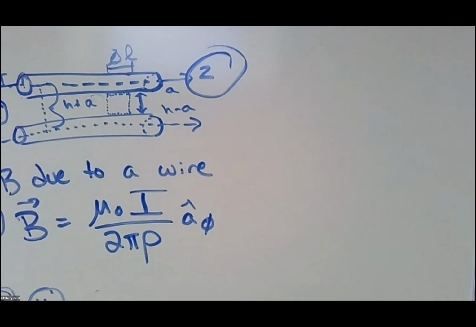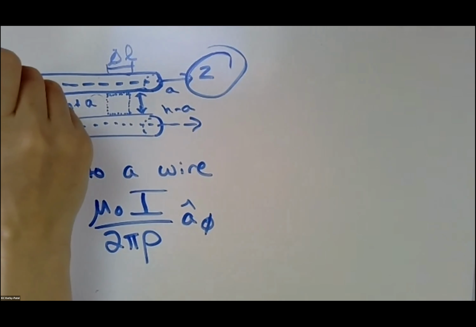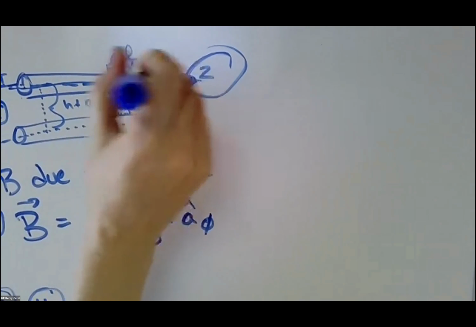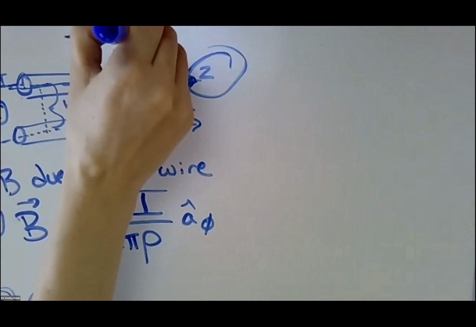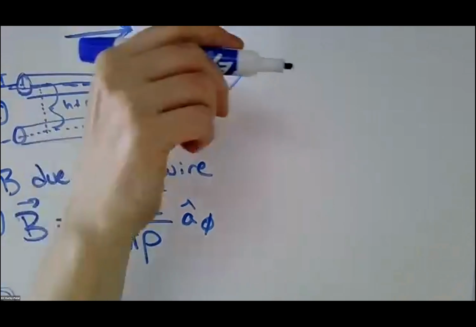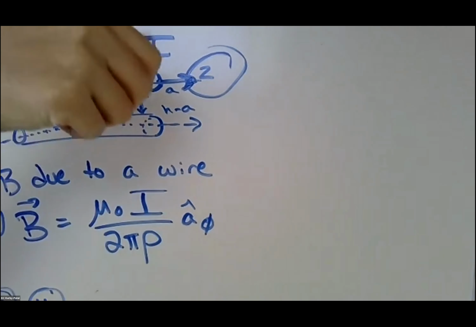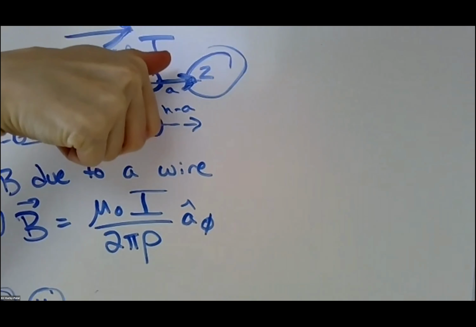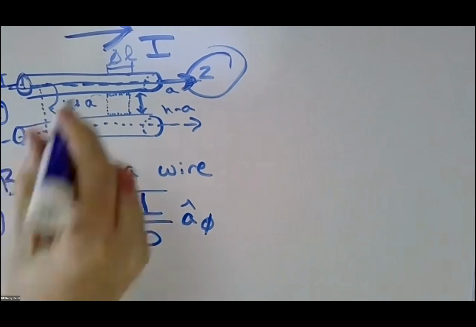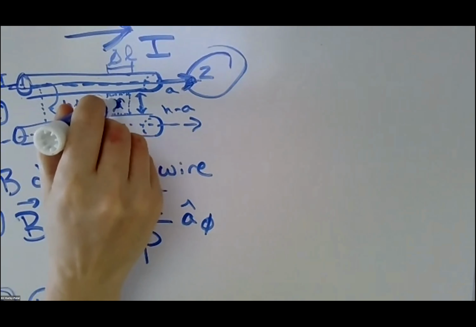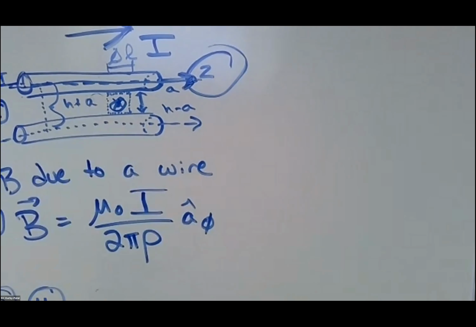All right, so here's the thing. Symmetry argument. If I choose my z-axis to be going down the middle of this wire, and it's carrying current I to the right in the positive z direction, then if I do the grab the wire technique, the right-hand rule, I know that it's going to have a phi-directed magnetic field that is going into the board in that region.